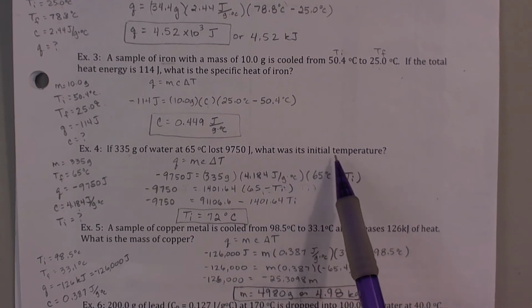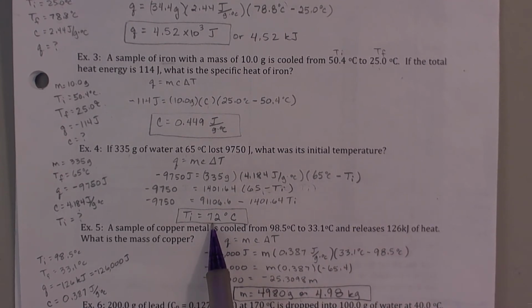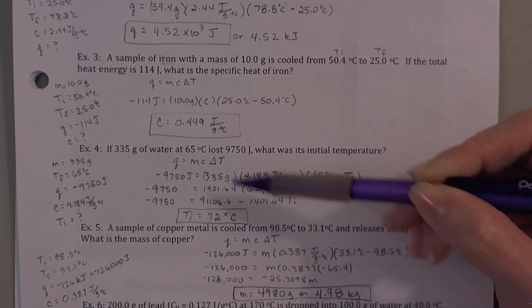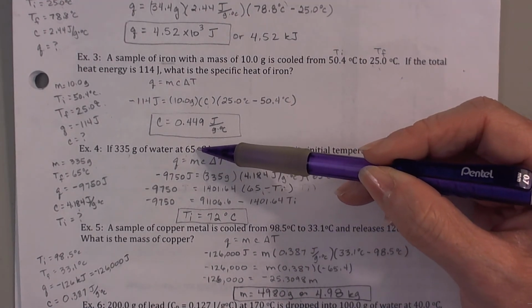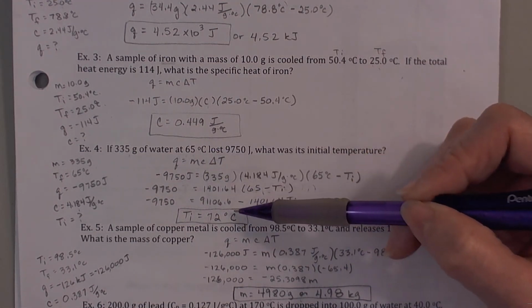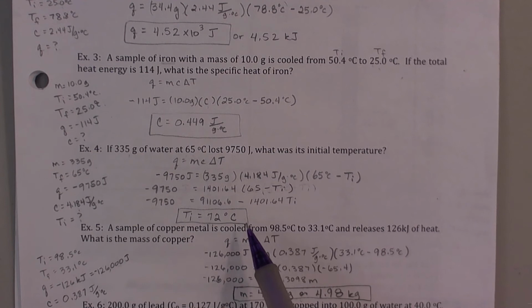What was its initial temperature? So you plug that into your MCAT to solve for your initial temperature. The initial temperature was 72 degrees Celsius. A quick check is to double check your math to make sure your initial temperature should be greater than your final temperature of 65 degrees, and it is. So a quick mental check to make sure your answer makes sense.